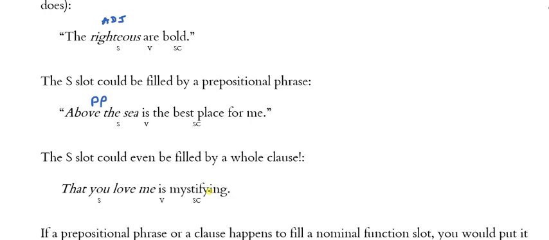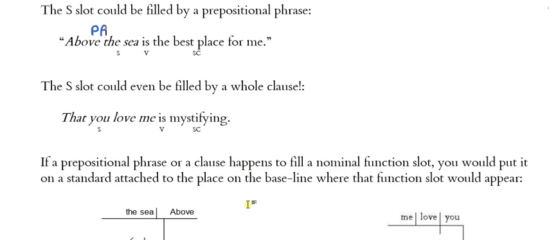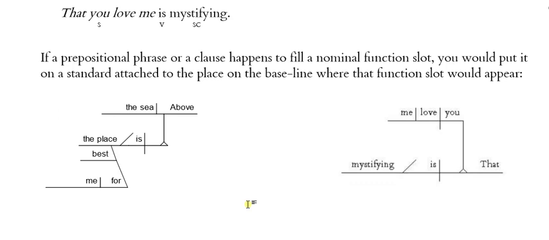If a prepositional phrase or a clause happens to fill a nominal function slot, you would put it on a standard attached to the place on the baseline of your sentence diagram where that function slot would appear. So if we take the prepositional phrase functioning as the subject in above the sea is the best place for me, notice here that this is my core baseline here.